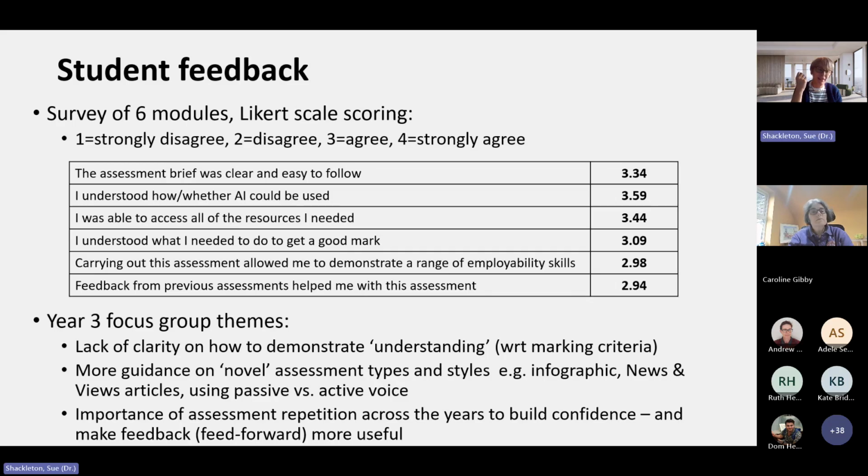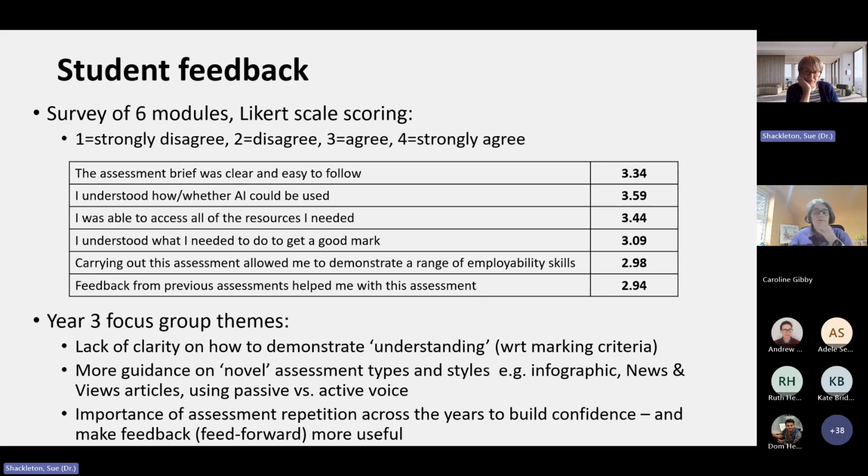Some students in the focus group talked about not understanding what it means to demonstrate understanding. So if you have in your marking criteria that students understand or show understanding of a topic, what does that actually mean? So that's something we need to work on.